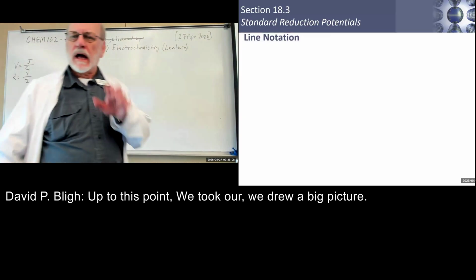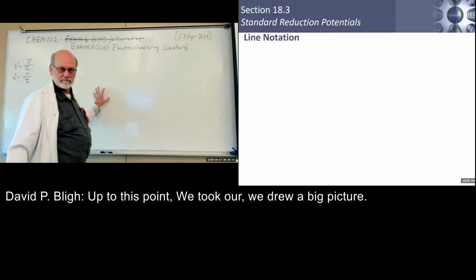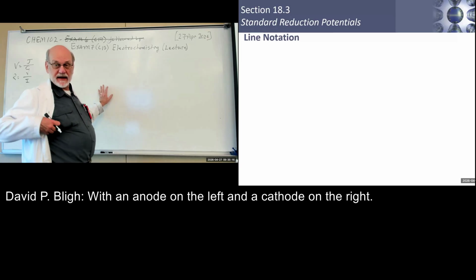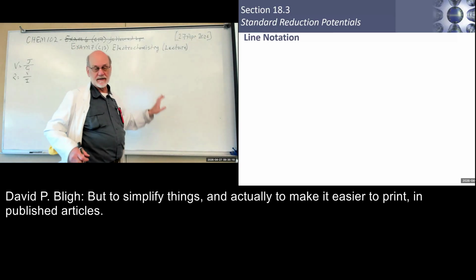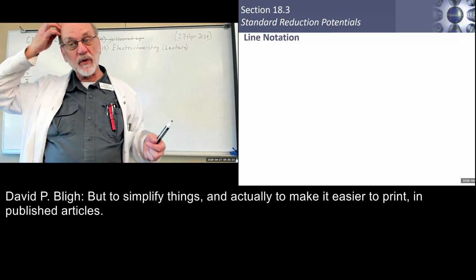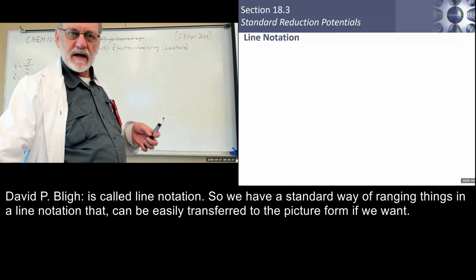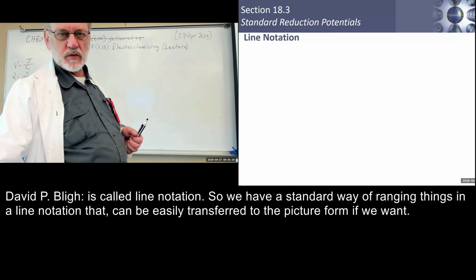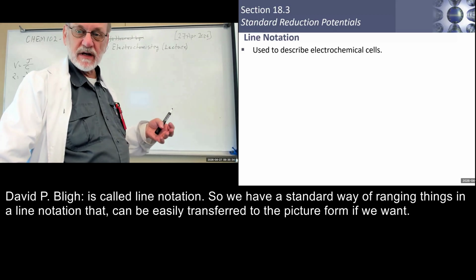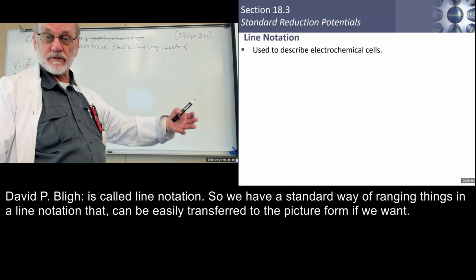Okay. Up to this point, we drew a big picture with an anode on the left and a cathode on the right. But to simplify things, and actually to make it easier to print in published articles, there is something called line notation. So we have a standard way of arranging things in a line notation that can be easily transferred to the picture form if we want.